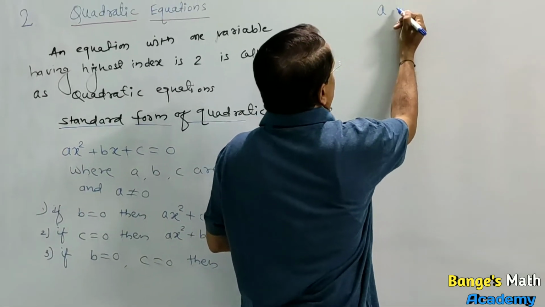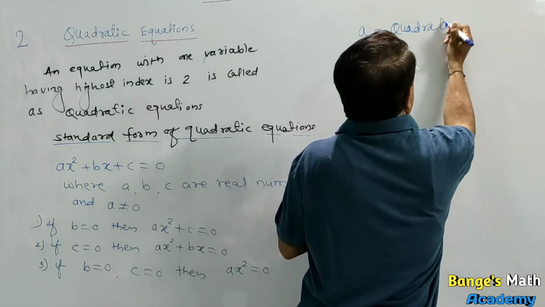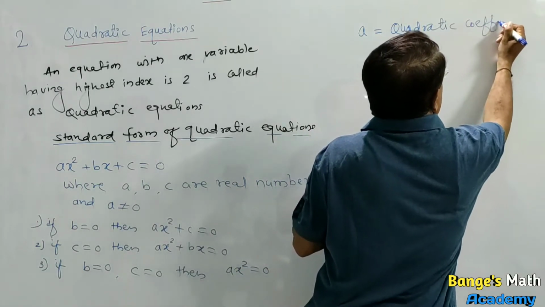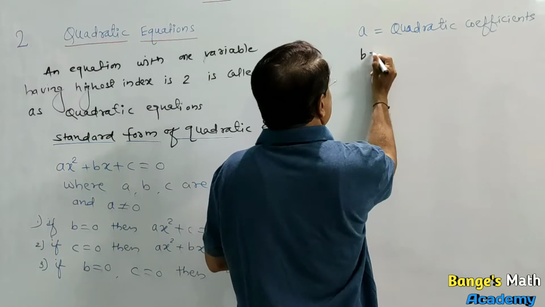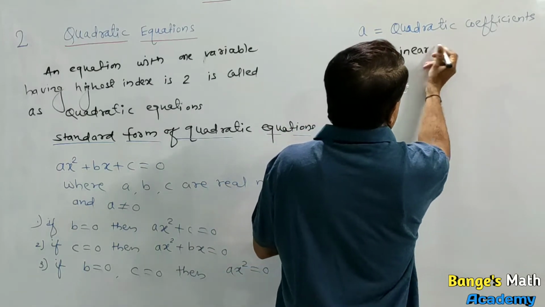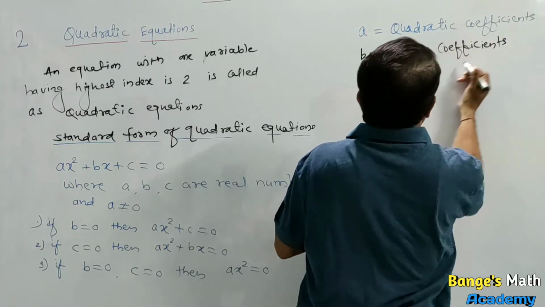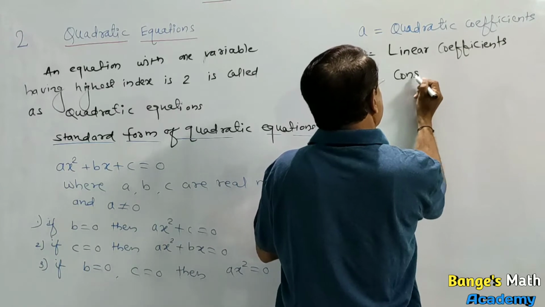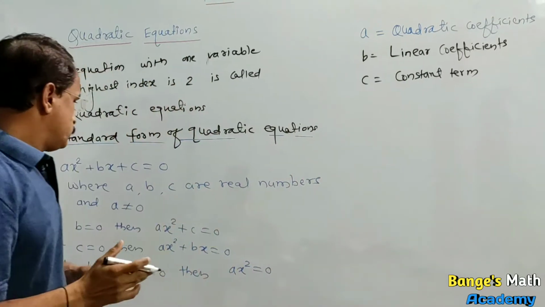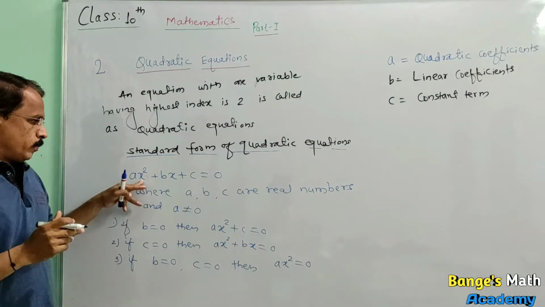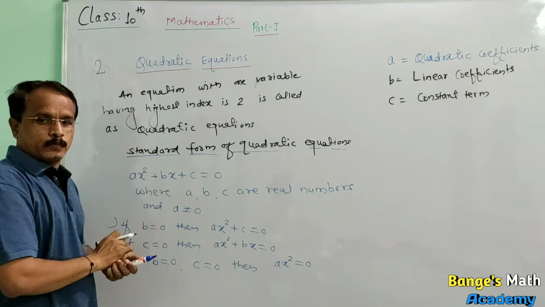So the condition is there is one variable and the highest index of the variable is 2.